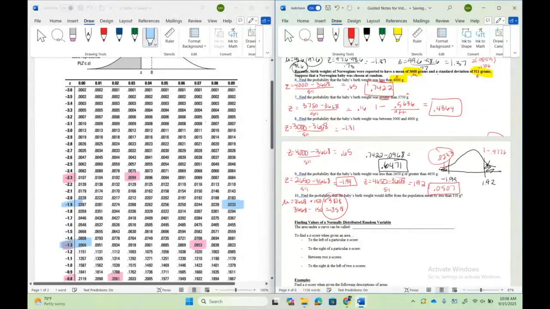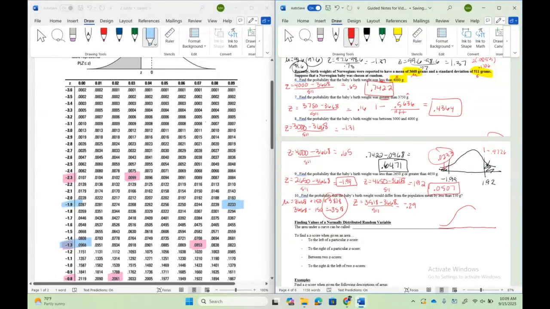And these are our two x values. All right, so I'm going to find a z-score. And I get negative 0.29.